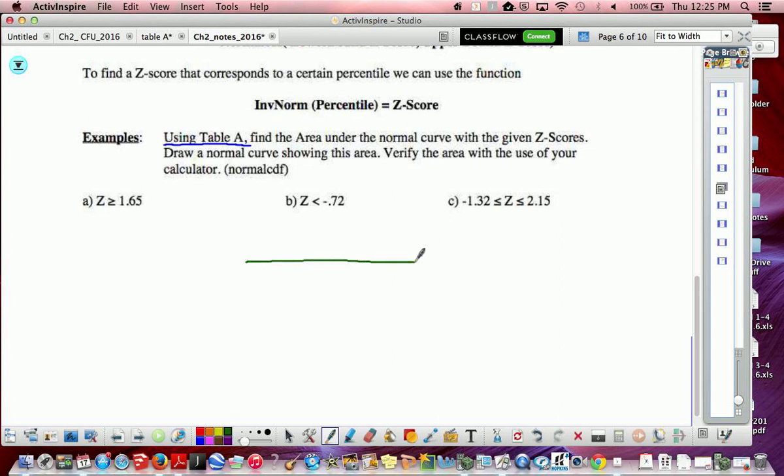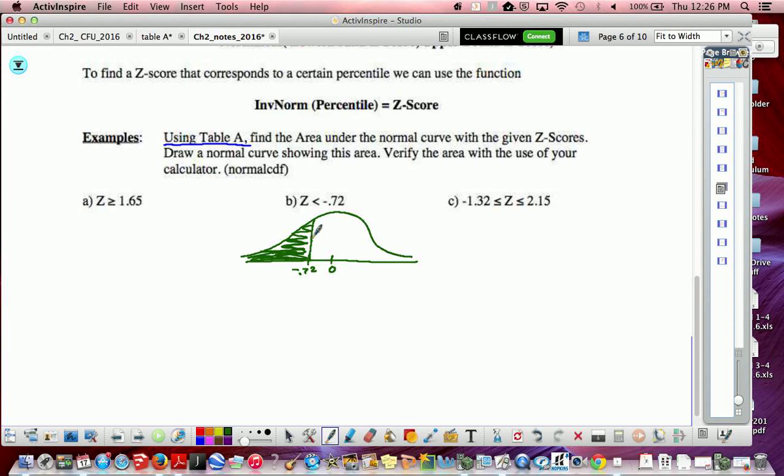So, on this first one, B, it says z is less than negative 0.72. I always draw myself a picture. Again, z-scores represent how many standard deviations you are away. If the mean is at 0 and the inflection point is negative 1, I can estimate this to be at about negative 0.72. So I'm using estimation skills to draw approximately where my z-score would be.